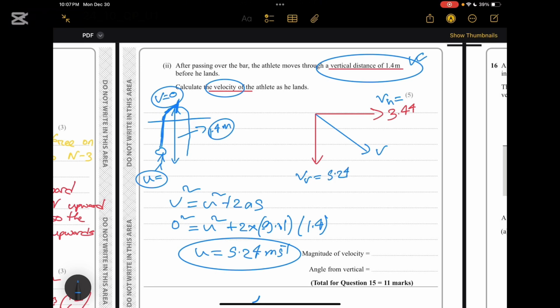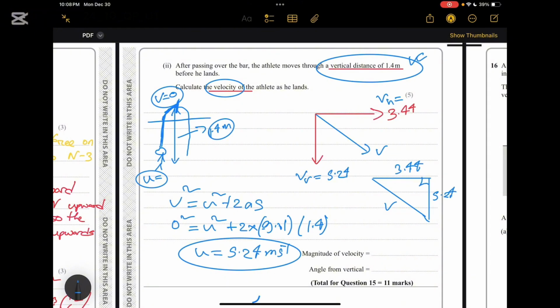If we draw a vector triangle right now, let's draw it like this. So here it was 3.44, and this is our v, and this was our 5.24.